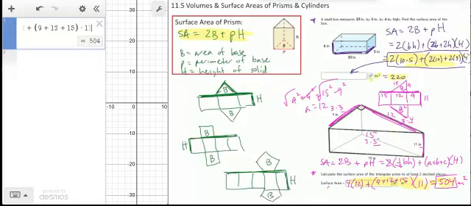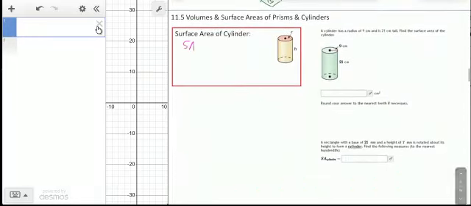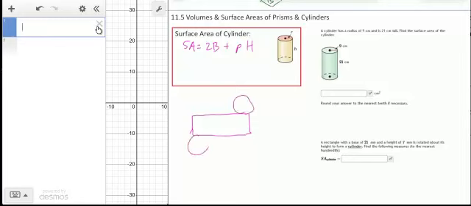All right, the surface area for a cylinder is really no different. It's using the exact same formula. It's also built from the net if you need to refer to that. But if we took twice the bases plus the perimeter times the height, it's really the same thing, because if you look at the net on a cylinder, you have a circle on each side, so there's your 2 B's.